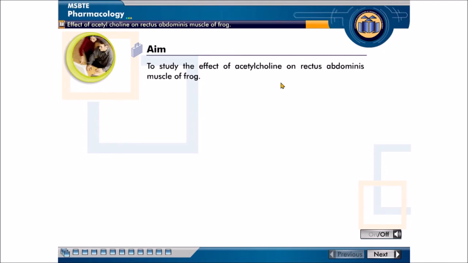Aim of this experiment is effect of acetylcholine on rectus abdominis muscle of frog.